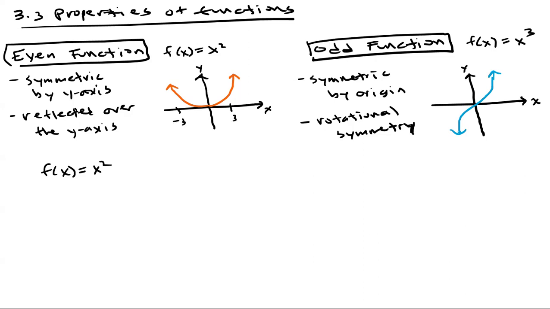What's going to be the output? Okay. So if I plug in f of 3, I'm going to have 3 squared, which is 3 times 3, which is 9. If I plug in negative 3, I'm going to have negative 3 squared, which is negative 3 times negative 3, which is also positive 9.